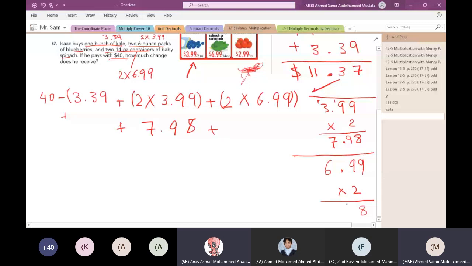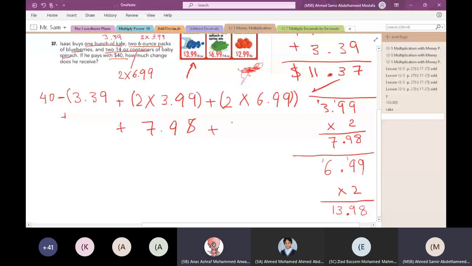Then 2 multiplied by 9 equals 18 and 1 is 19. Decimal point. You have the 1 up on the 6. 2 multiplied by 6 equals 12, then it will be 13. 13.98. Excellent job. So this would be 13.98.